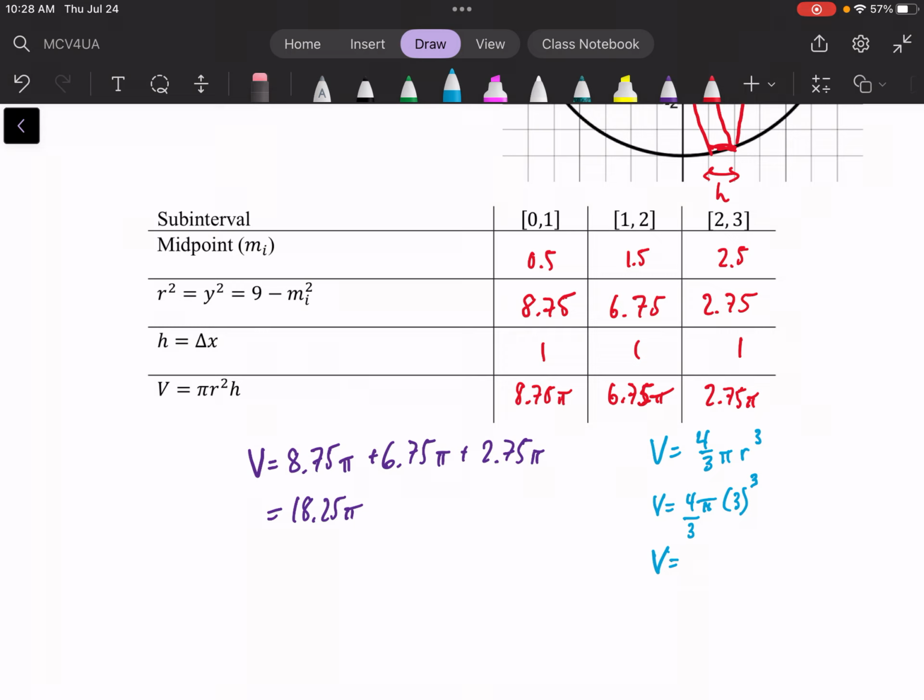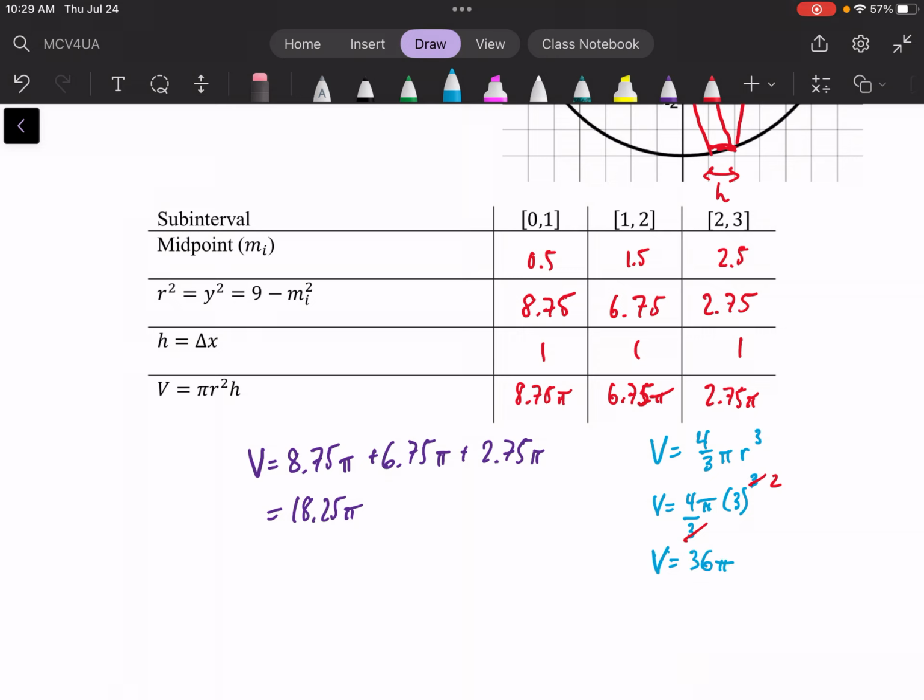If I can cancel out a 3 with a 3, make that a 2... no, 3 times 3 is 9, 9 times 4 is 36. 36 pi.